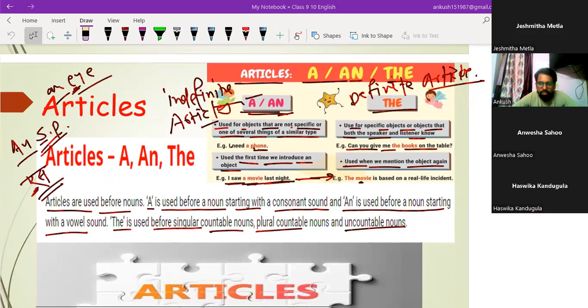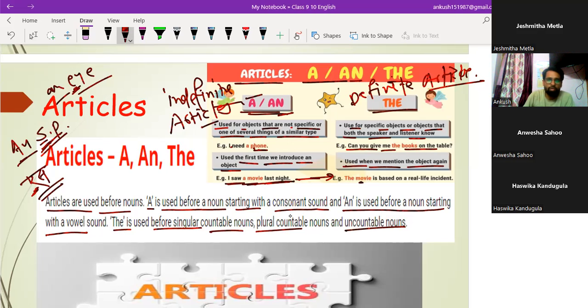Prithvi, okay. Prithvi, actually we have used "an" before "S", as "S" is a consonant letter. But still, whenever we pronounce it as "SP", this sound is a vowel sound. And what is our rule?